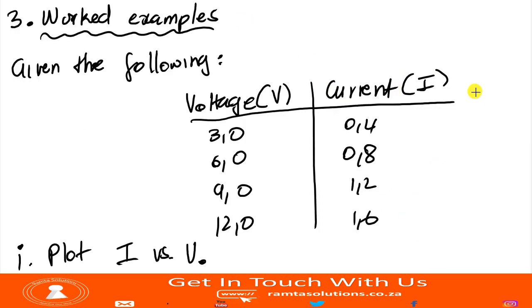I'm going to add this here. I'm going to say I over V. Let's see. What is I over V? 0.4 over 3. What is it? It's 0.13. 0.8 over 6. What is it? It's 0.13. 1.2 over 9.